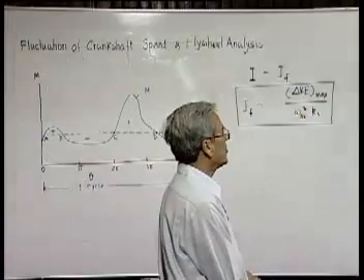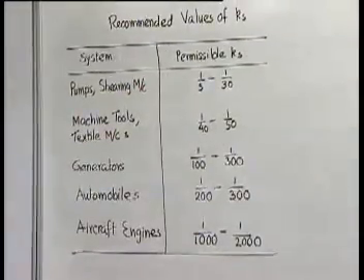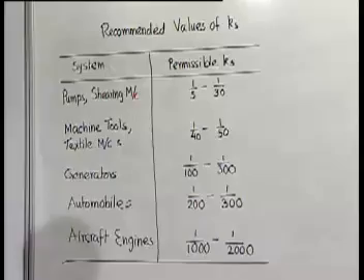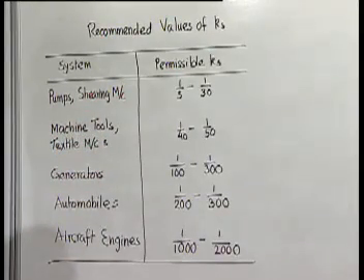This table shows the permissible recommended values of the coefficient of fluctuation of speed. In case of shearing machines, pumps, the accuracy required is much less, and the value of Ks is in that range, 1 by 5 to 1 by 30. In machine tools of different types, textile machines and such types of situations, Ks can be permitted to be within 1 by 40 to 1 by 50.